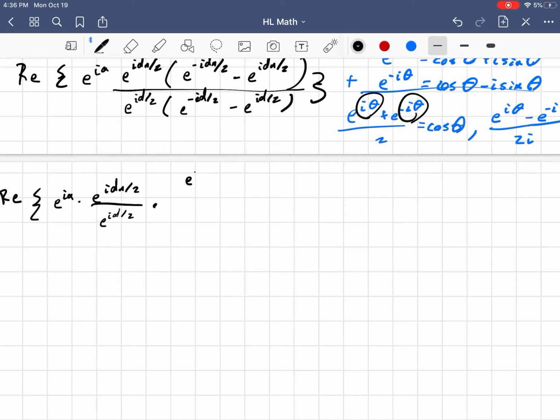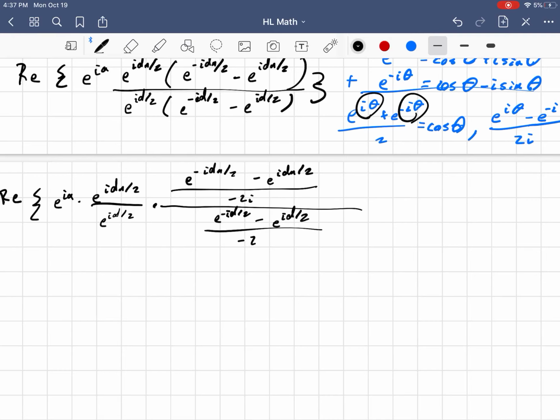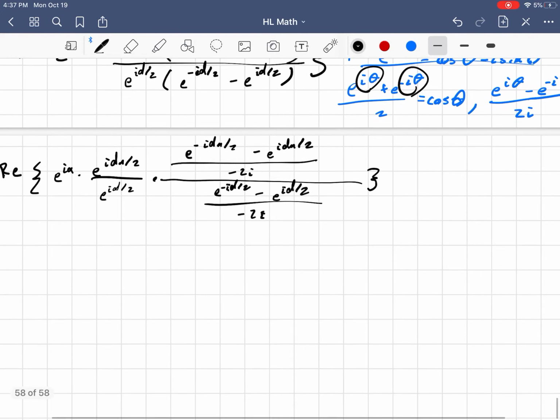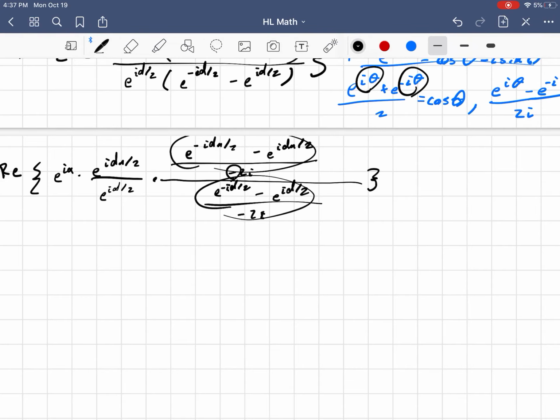So I get e to the negative idn over 2 minus e to the idn over 2 over negative 2i, over e to the negative id over 2 minus e to the id over 2 over negative 2i. And then I'm going to make that negative sign go away and negate the numerator of both right here.